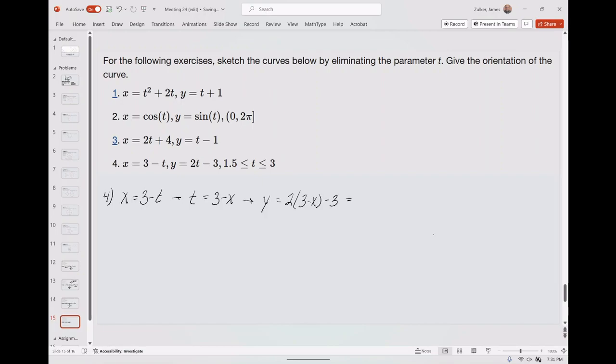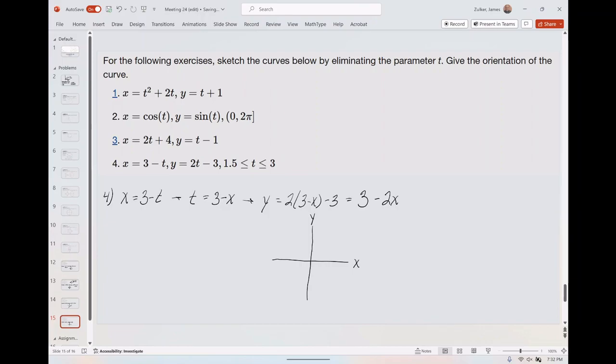It's what? 6 minus 3 is 3, minus 2x. What kind of curve? A line, slope -2, y-intercept at 3.